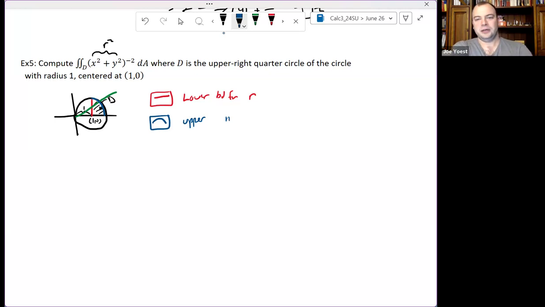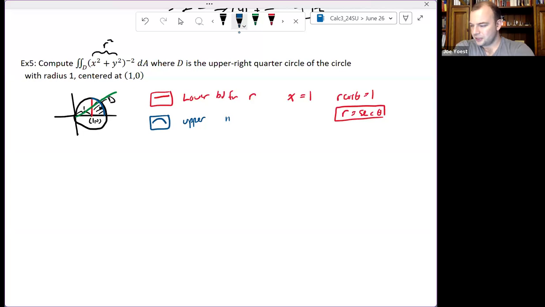So the vertical line, x equals 1, is the lower bound for r. But in polar coordinates, x equals r cos theta, or r is then secant theta. So that's our lower bound for r.